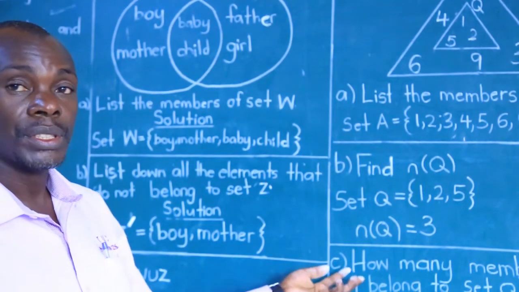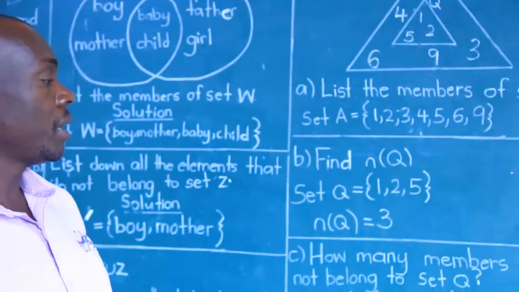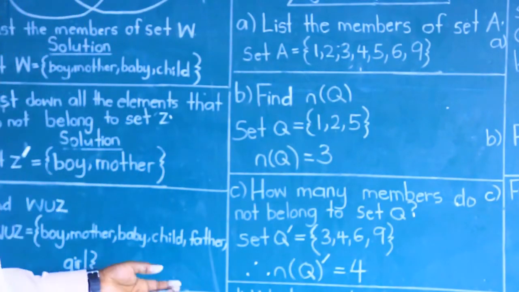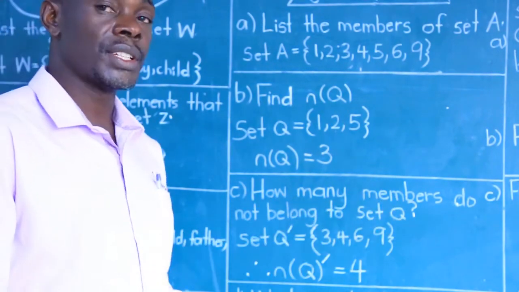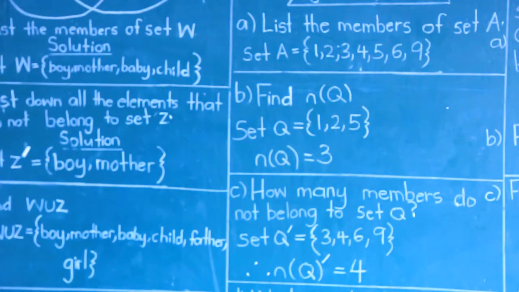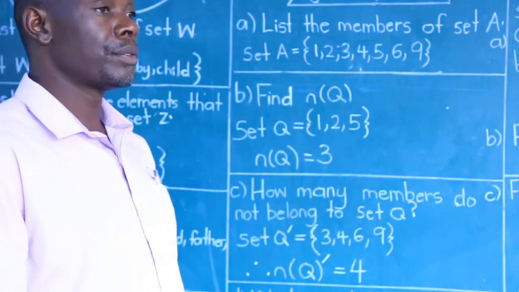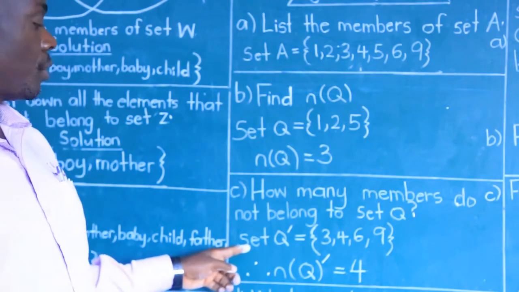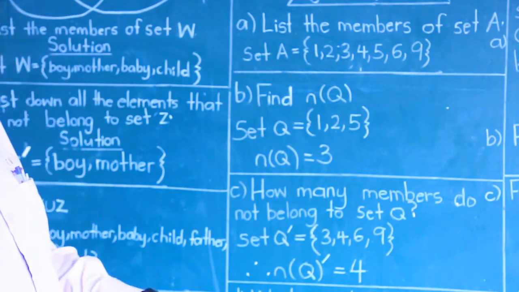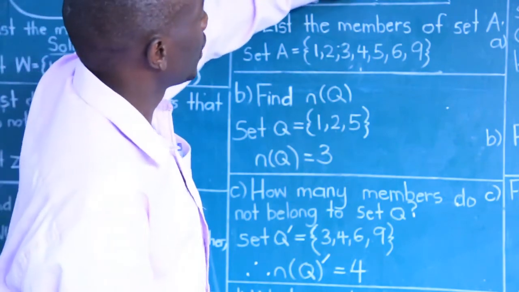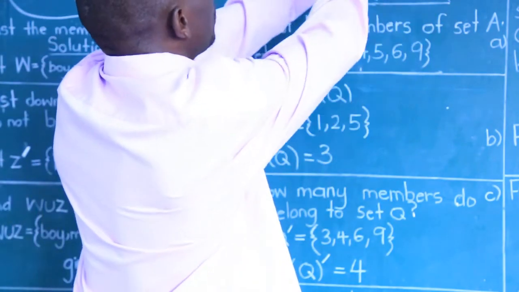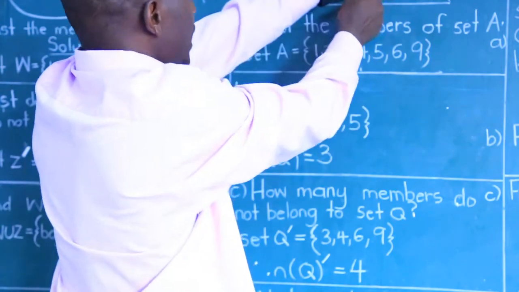Part C, how many members do not belong to set Q? Like I said before, members that do not belong to a particular set make the complement of that set. So they're asking for set Q complement, meaning hide all the members in set Q and you remain with 3, 4, 6, 9.